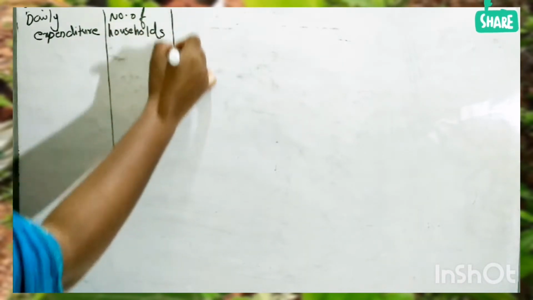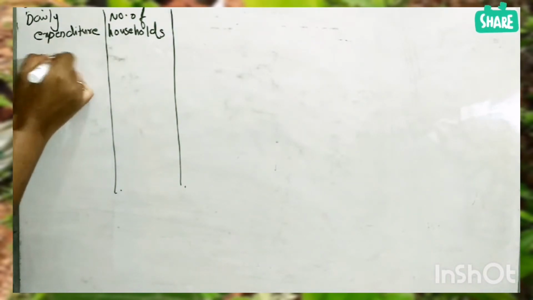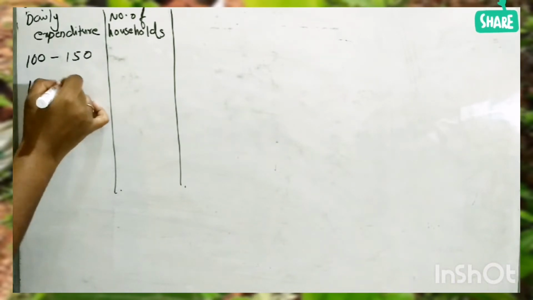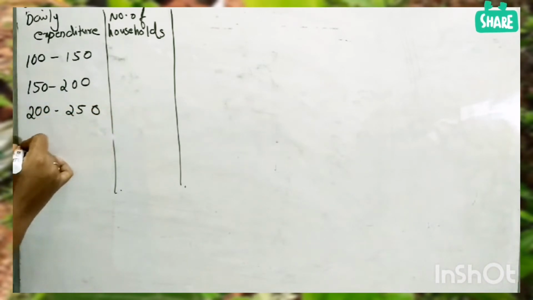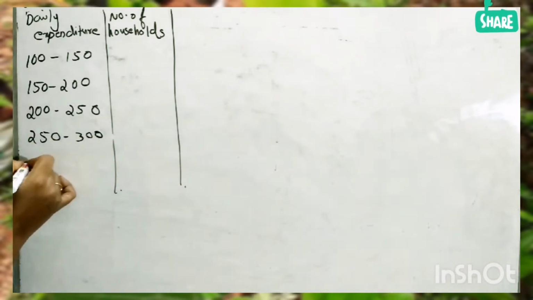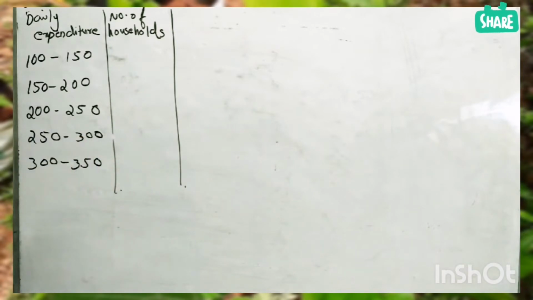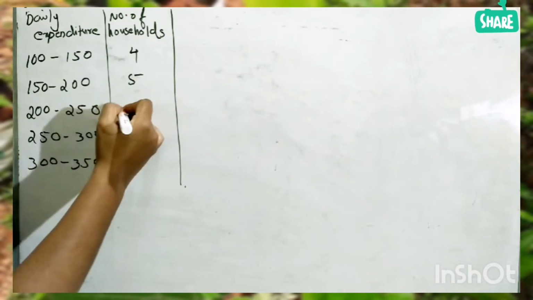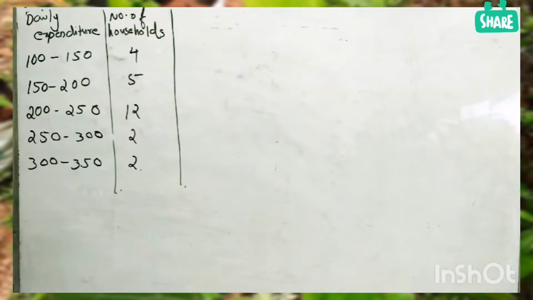The daily expenditure classes are 100 to 150, 150 to 200, 200 to 250, 250 to 300, 300 to 350. And the number of householders is 4, 5, 12, 2, 2.